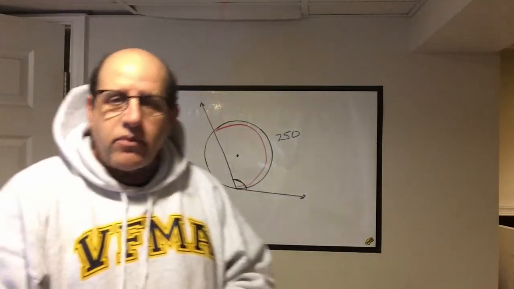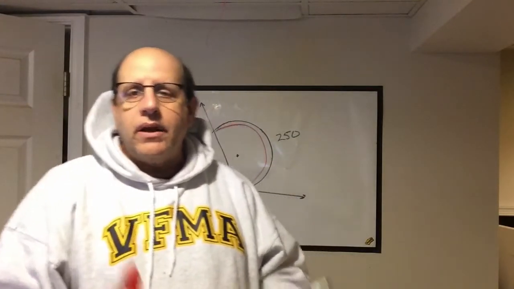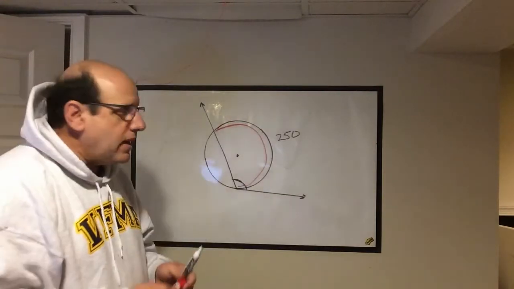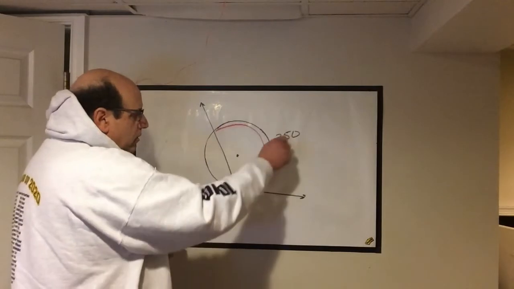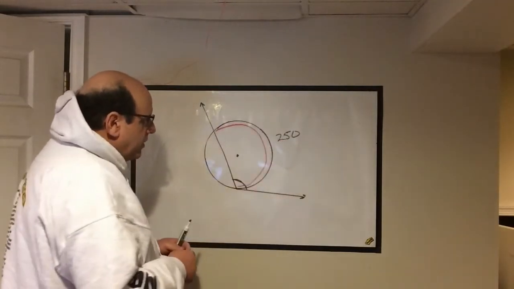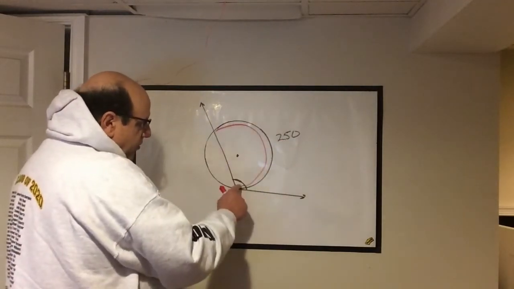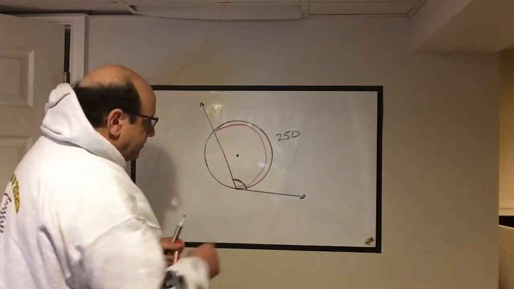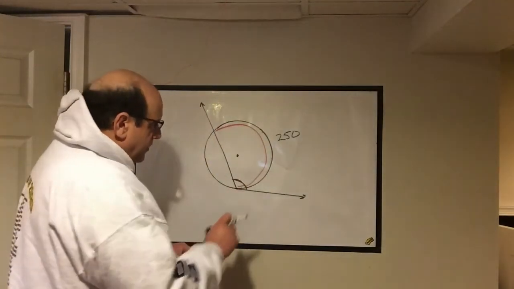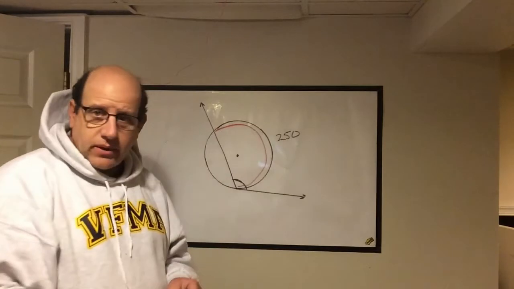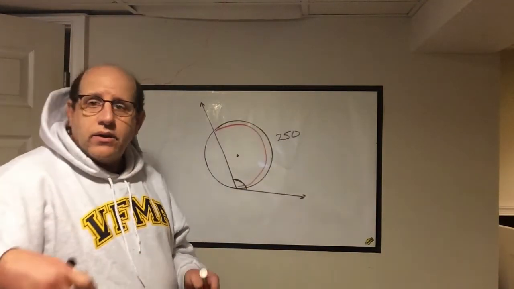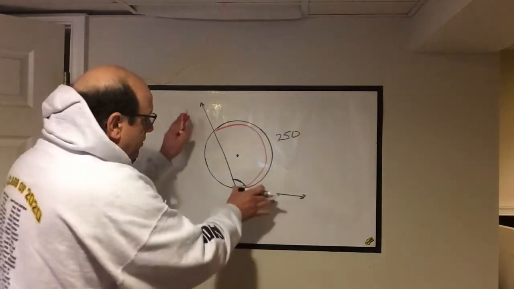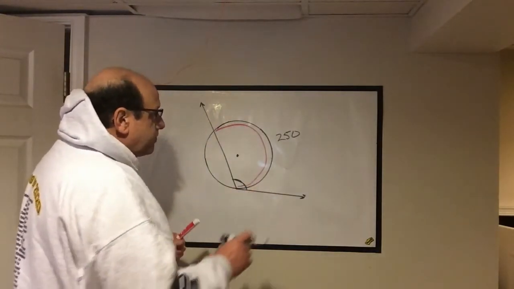And what we said before, that angle has to be half of this big arc that was created. So we have this major arc of 250 degrees. Therefore, this angle has to be half of the 250 degrees. Now that's one type of problem you're going to see when you have this situation.